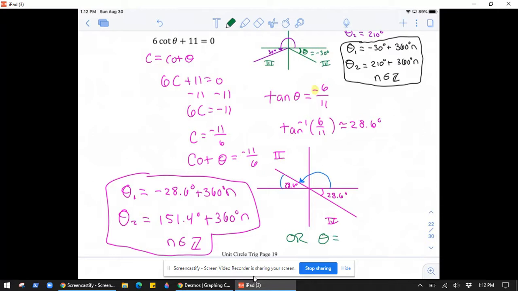Theta equals 28.6 degrees. And if you notice, if you add 180 to this, you get the other angle. So really, we could just start with one angle as our first representative and then add multiples of 180. That's a concise way of representing all the answers.